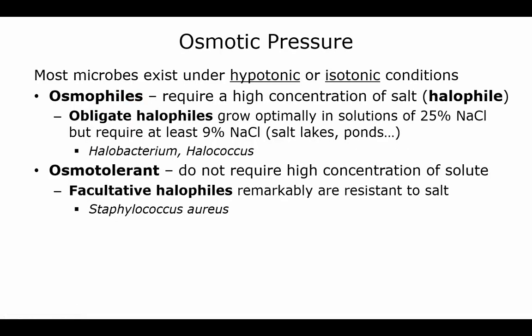We also know that osmotic pressure can affect microbes, and again, if you think about biology, anytime we mention osmotic pressure or osmosis, we're talking about water, specifically the movement of water. If you remember, water tends to move from a higher concentration towards a lower concentration, and so we throw out words like hypotonic, hypertonic, right?